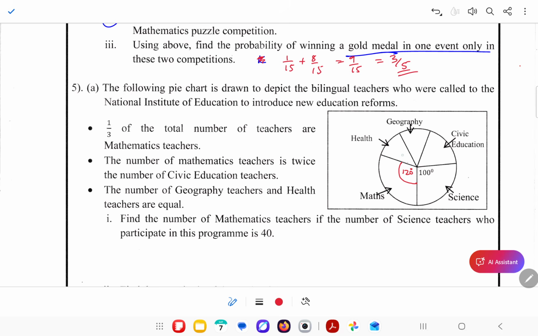These are equal. Health and geography equal. The number of mathematics teachers is twice the number of civic education. So civic teachers is half of maths. So then we have 120, 220, 280.